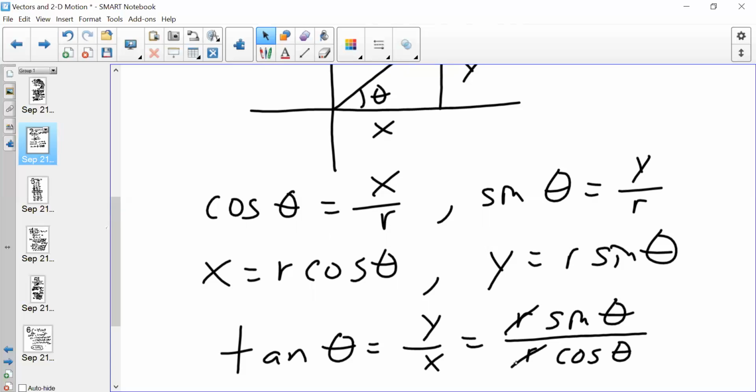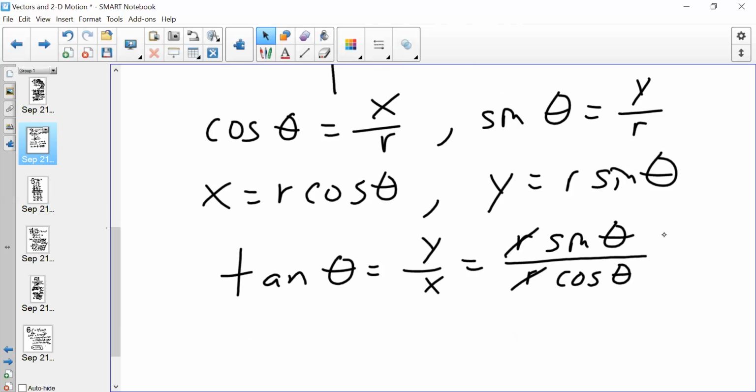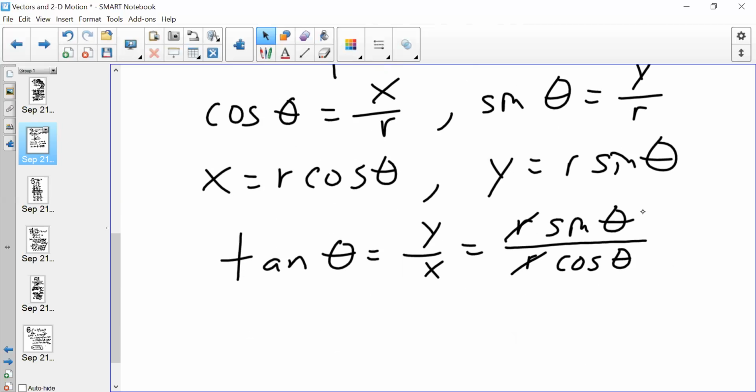That's pretty much the reason why we use polar coordinates, when we're rotating. We're not just going along the x-axis or the y-axis. We're actually spinning or going in a unit circle. And then the r's cancel out, sine, cosine, cotangent, do all that nice stuff.